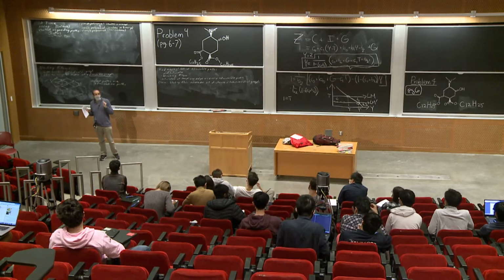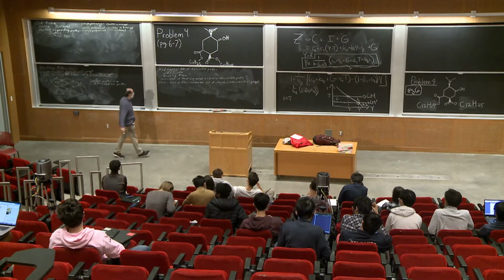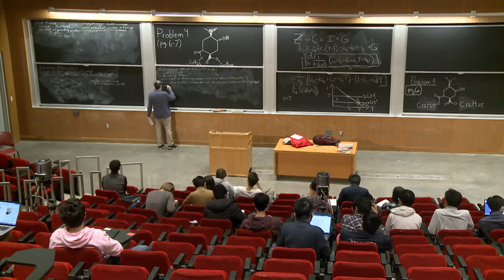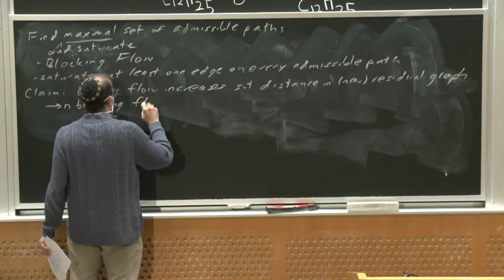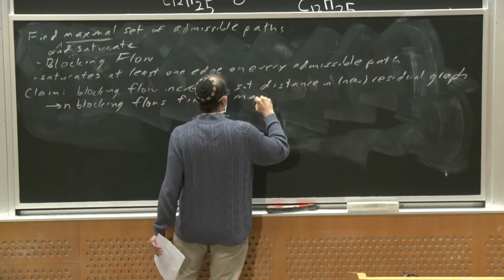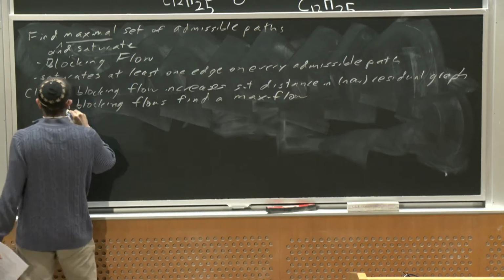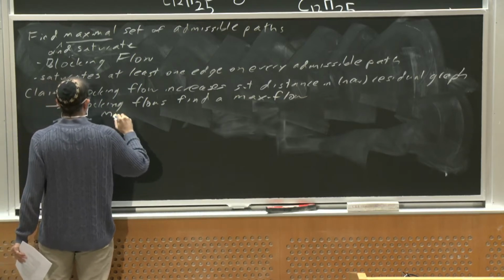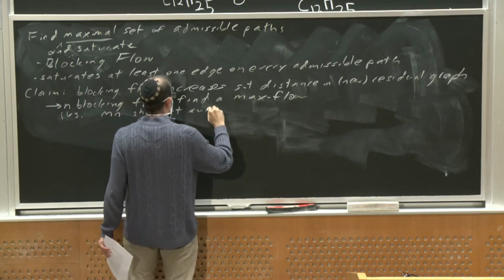Yes? You only have to find n blocking flows? Exactly. N blocking flows to find a max flow. Okay? And this is to contrast with Mn shortest augmenting paths.